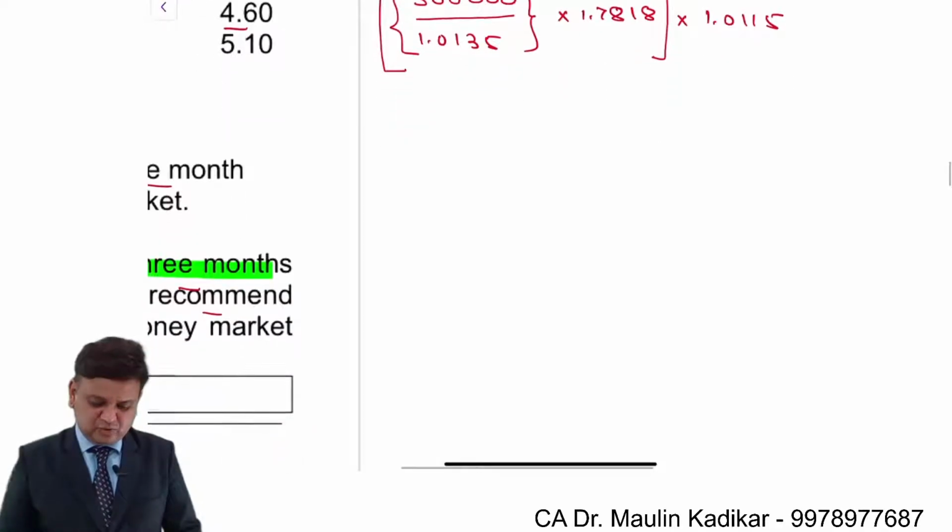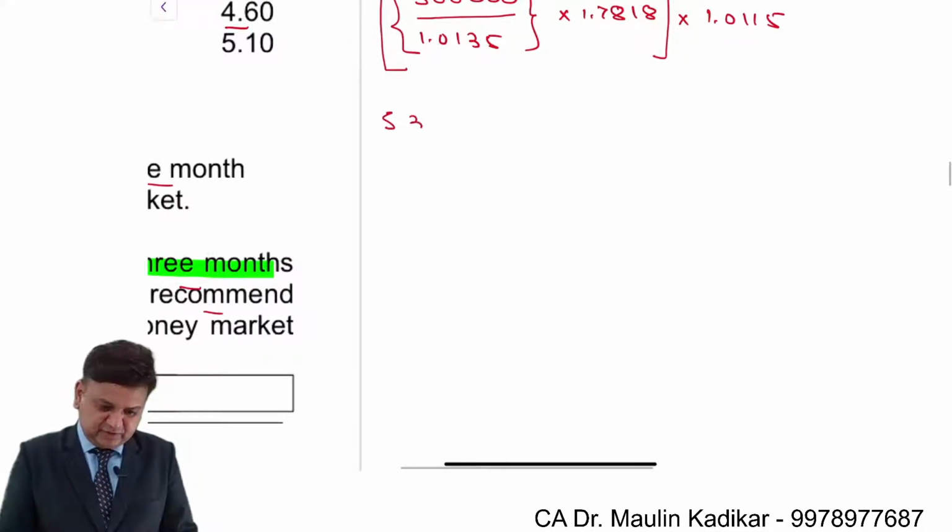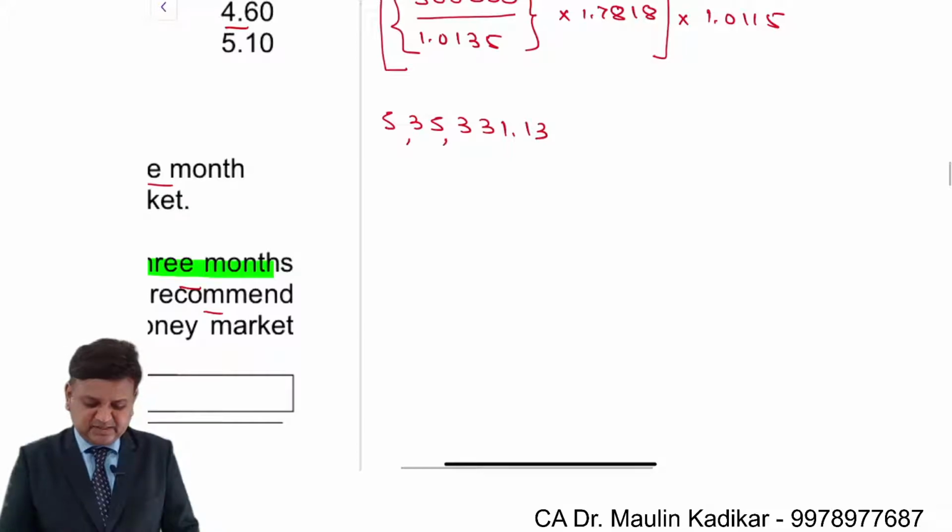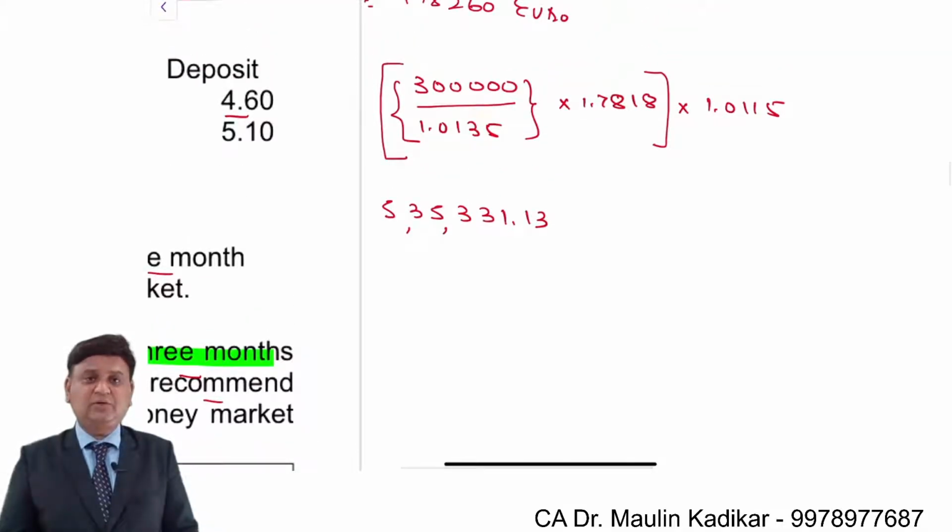So the answer comes to 5,35,331.13. This is the amount of the pound that we are going to receive after 3 months. This amount of the pound will be compared with alternative number 1, that is, the forward market hedge.